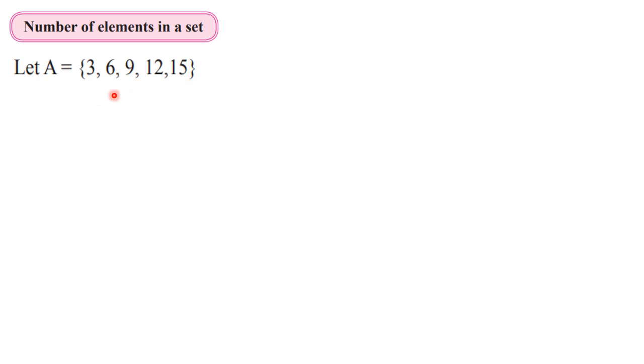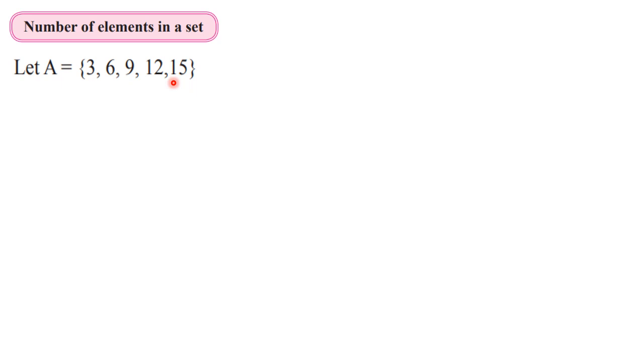That means multiples of 3 I am having. First 5 multiples of 3. And I want to write down now the number of elements in this set A. Okay, so I will count the elements 1, 2, 3, 4 and 5. I told previously also there are first 5 multiples. That means here we have 5 elements.